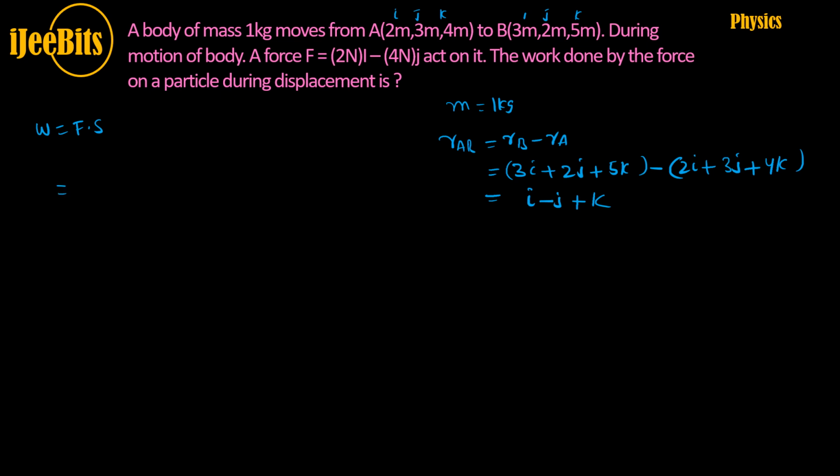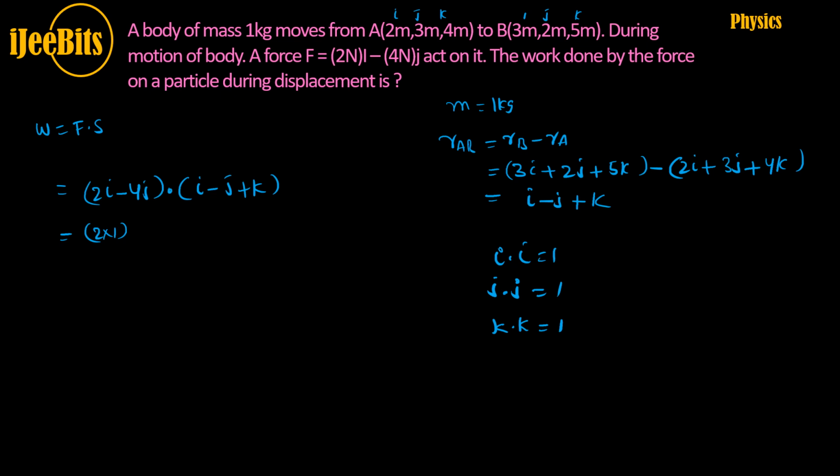So based on this, F dot S, where F is 2i minus 4j, dot product with i minus j plus k. How do you write this? 2 into 1, because in the dot product i dot i is 1, j dot j equals 1, and k dot k equals 1.